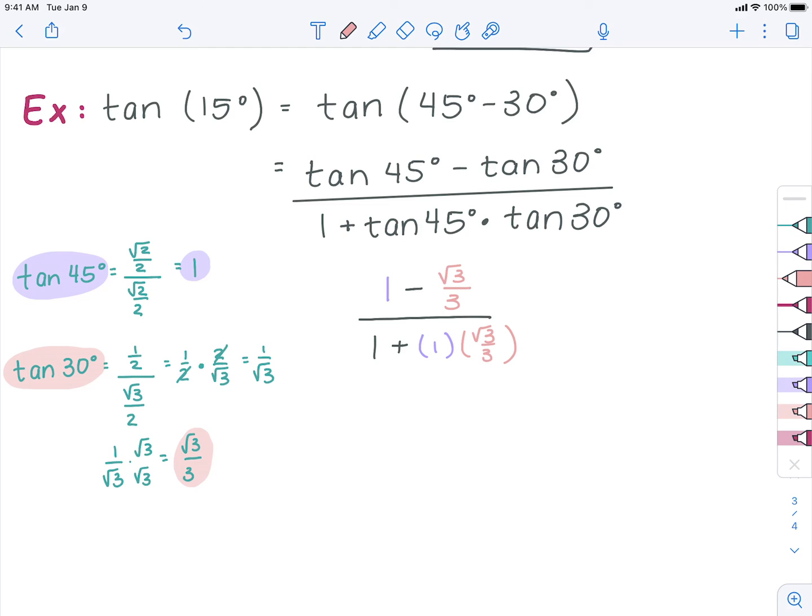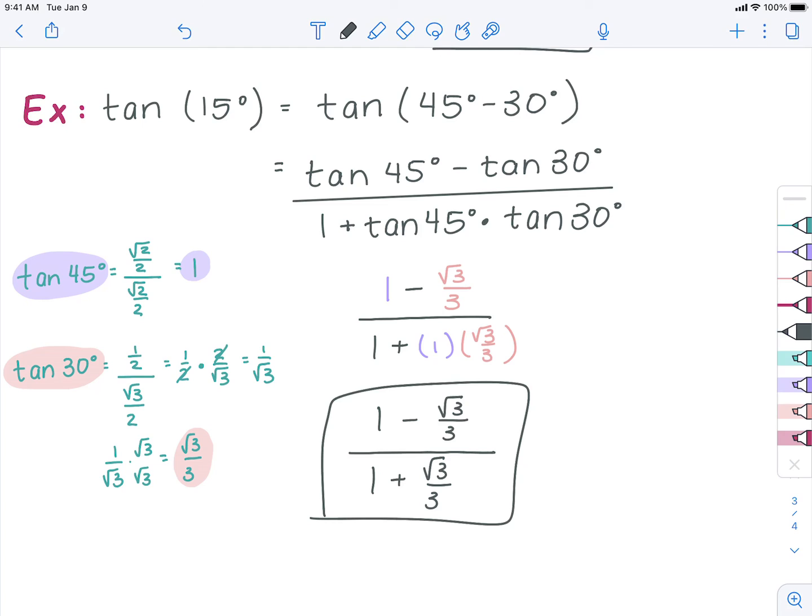I can simplify this a little bit because 1 times anything stays the same. So really, the most simplified version of my answer, I'm going to leave it as 1 minus root 3 over 3 all over 1 plus root 3 over 3. Because I have an answer. It's not that pretty, but it is an answer, and it's pretty simplified. So I am done.